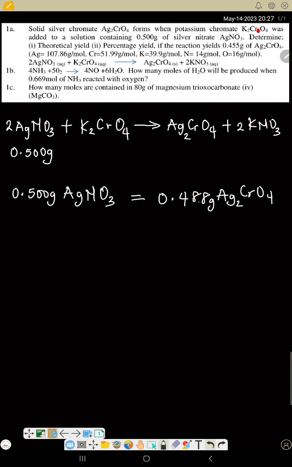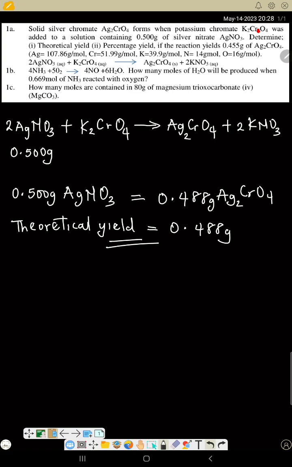So this 0.488 gram is our theoretical yield. Theoretical yield is equal to 0.488 gram. So that's the answer for the A part, Roman figure 1. Everything I've been doing now is 1A1. So we should do 1A2 now.